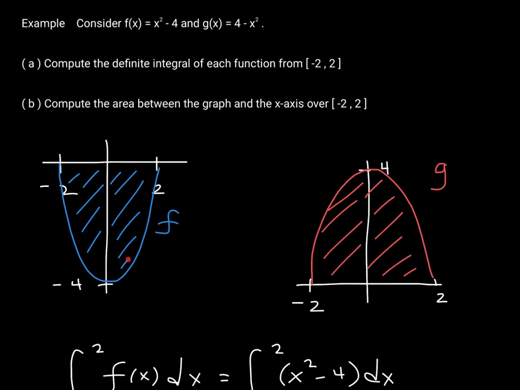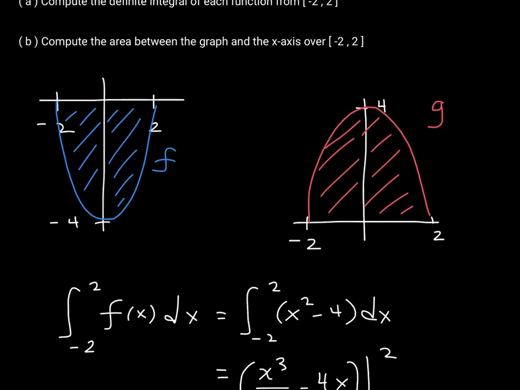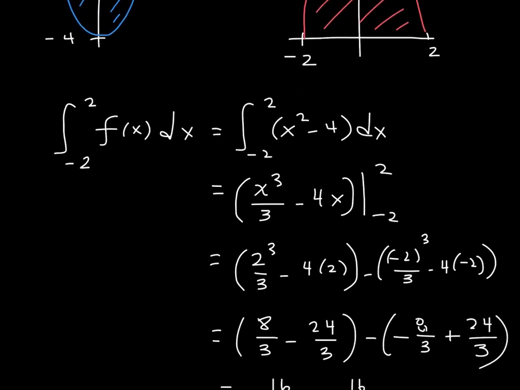And so these function values would be negative. Whereas over here, we would have constructed rectangles that are above the x-axis. That is to say, the function values that determine the height of these rectangles are positive. So what we're going to get is the same answer for g, except it will be positive. So the only difference is the sign. Okay, so let's show that now.